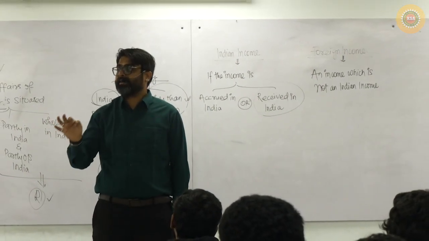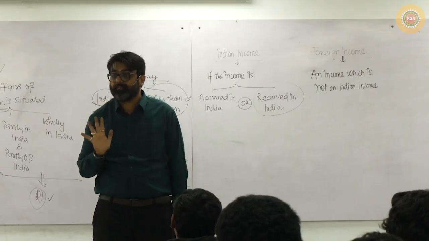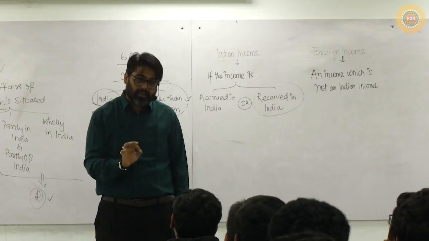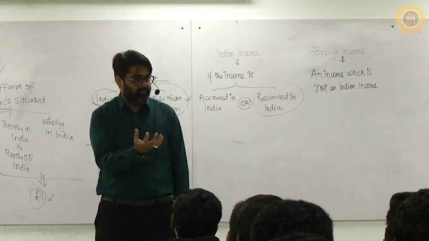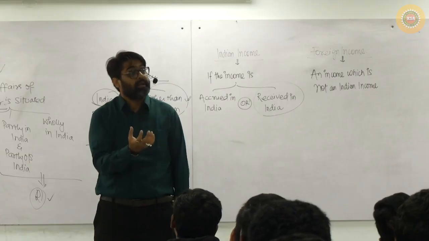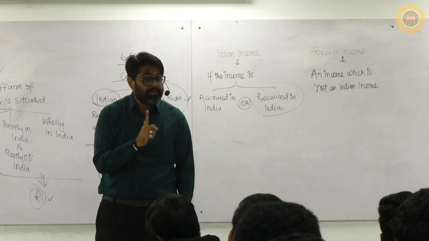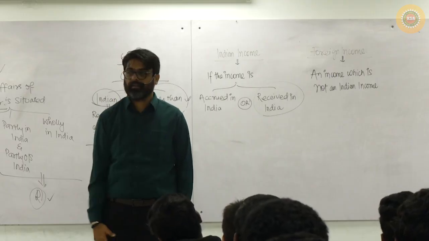When you get the income in your control for the first time. Only then you can say that it is received. The time when you get the income in your control for the first time, that time you can say that the income is received.